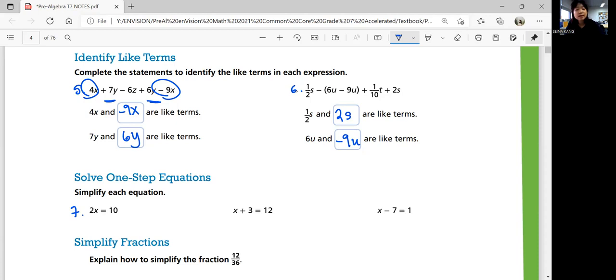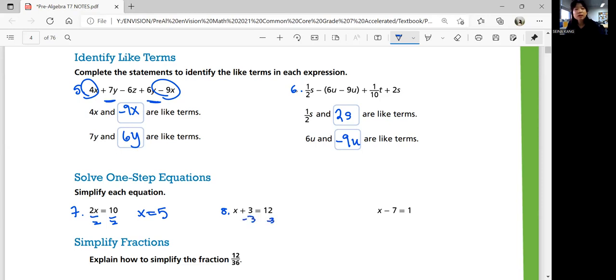All right, number 7, simplify each equation. What is x? 2x is equal to 10. That means x must be equal to 5, since 2 times 5 is equal to 10. Divide both sides by 2, and that will undo your multiply by 2 factor. Number 8, x plus 3 is equal to 12.